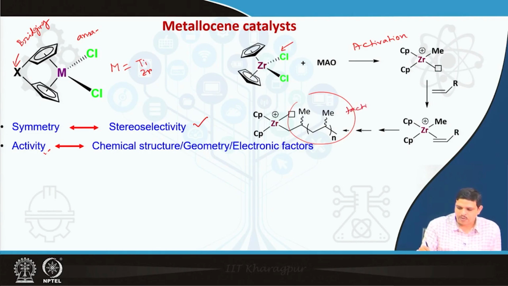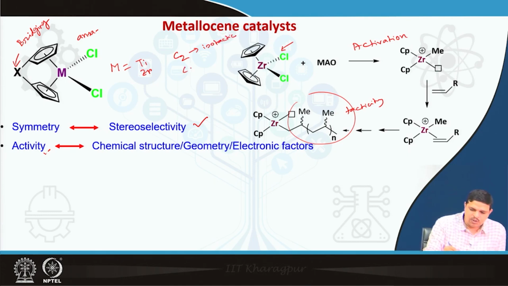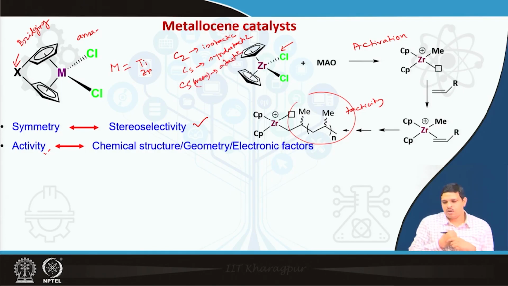As an example, if you remember, if you have C2 symmetry, then we will get isotactic. If you have a CS symmetry, then we will get syndiotactic, and if we have CS meso, we will get atactic. So that we have now learned.